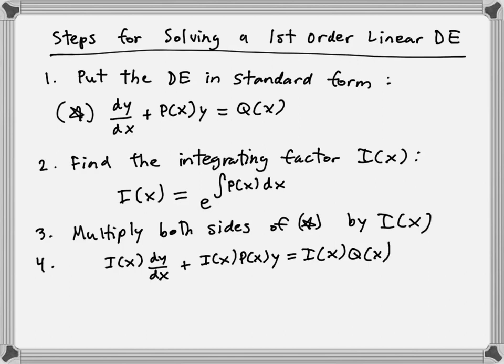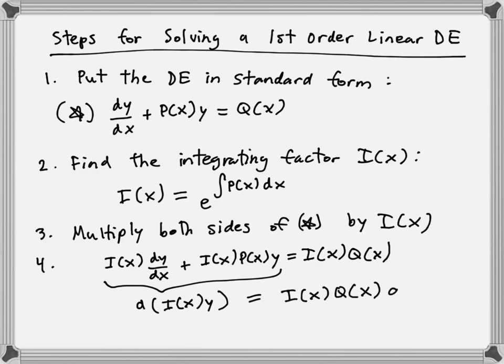From here, you're going to realize that the left will always be the derivative of I of x times y, and you move the dx to this side and you integrate both sides.